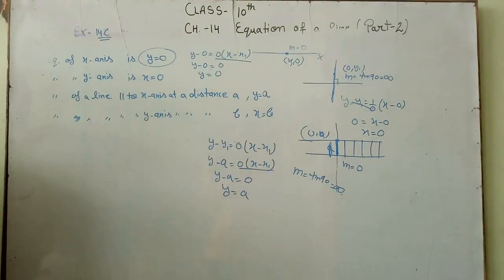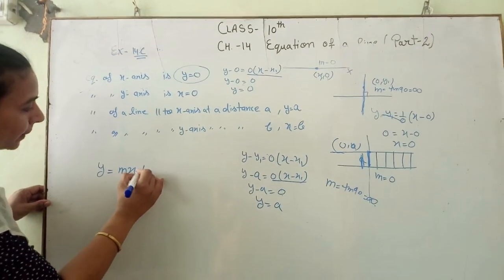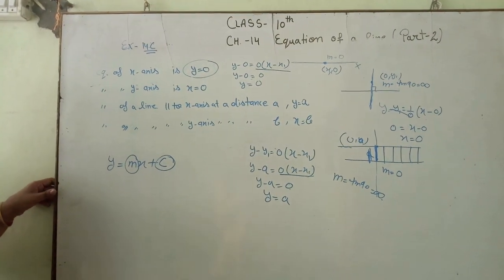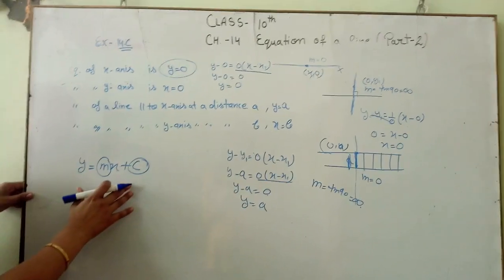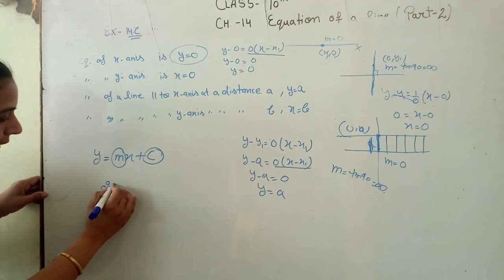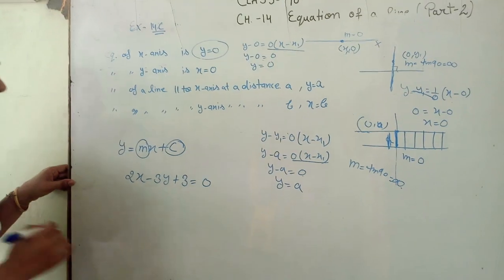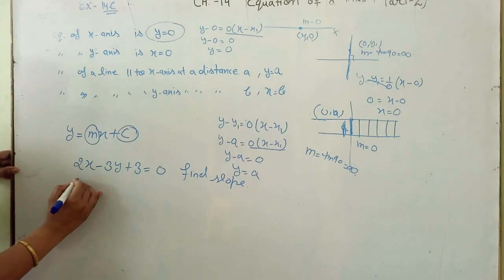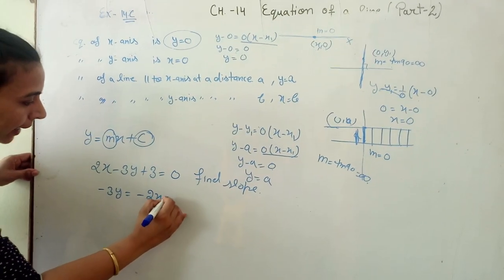Clear, student? Again, if we have an equation of this type, y equal to mx plus c, then m is the slope and c is the intercept. So if any equation is given of this type, then we find the slope by this method. For example, we have the equation 2x minus 3y plus 3 equal to 0. Then we find the slope. Minus 3y equal to minus 2x minus 3.